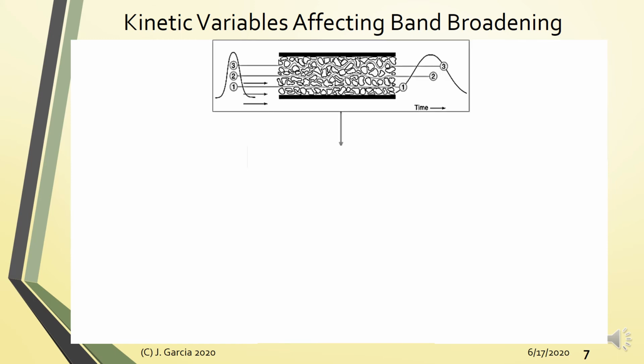One of the variables is this one. This is referred to as your variable A, and this is called your eddy diffusion term or the multiple path diffusion term. So let's use the pen. This is your term A. What does term A say?